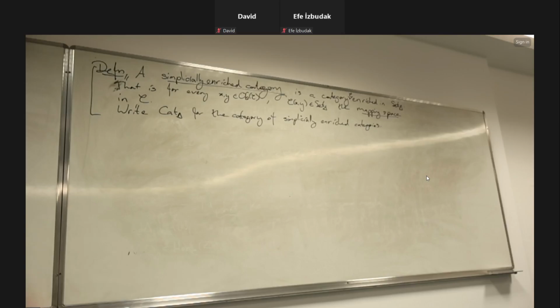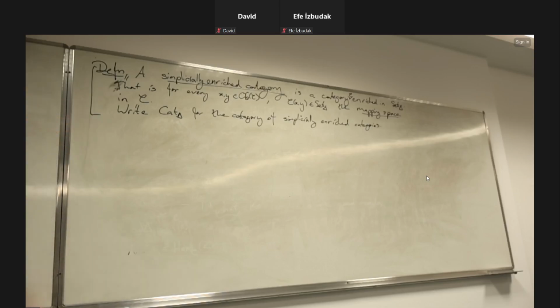So we only need that the set of morphisms between x and y is a simplicial set. I mean, you also need that the compositions are simplicial maps, and that associativity and unitality now hold as diagrams of simplicial sets. But yeah, it really is just a category enriched in simplicial sets.